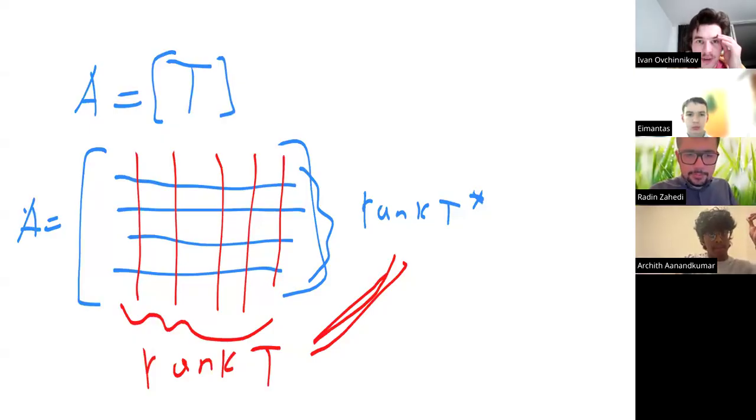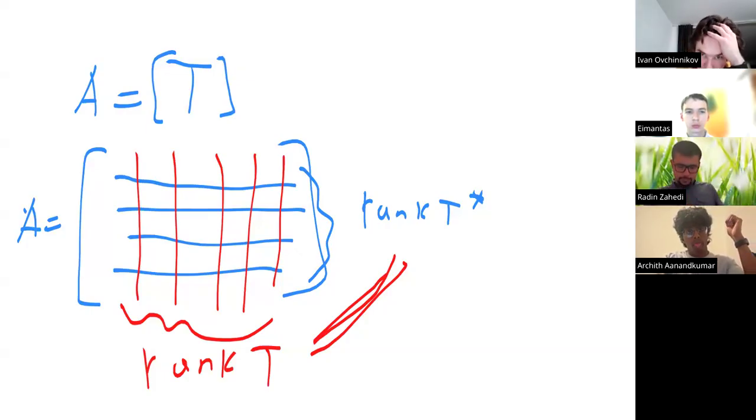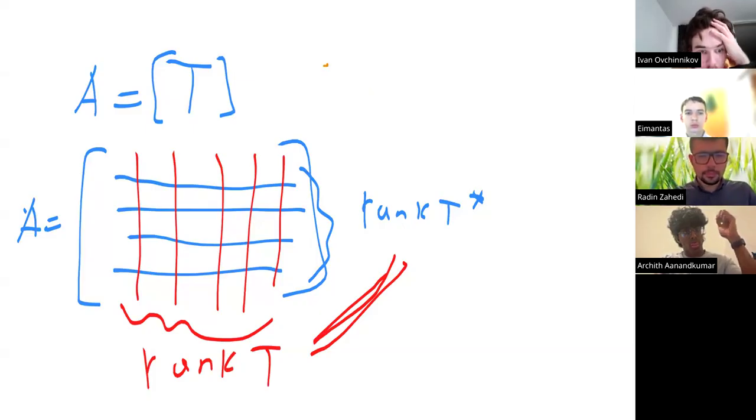Because every time I do a whiteboard, it doesn't work for some reason. I don't know why. Okay, so I'll just draw a little bit of a picture. I just want to have an option to do more colors. Okay, there we go.